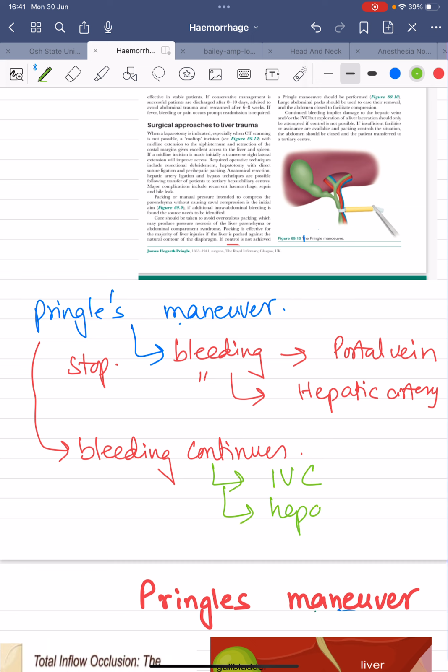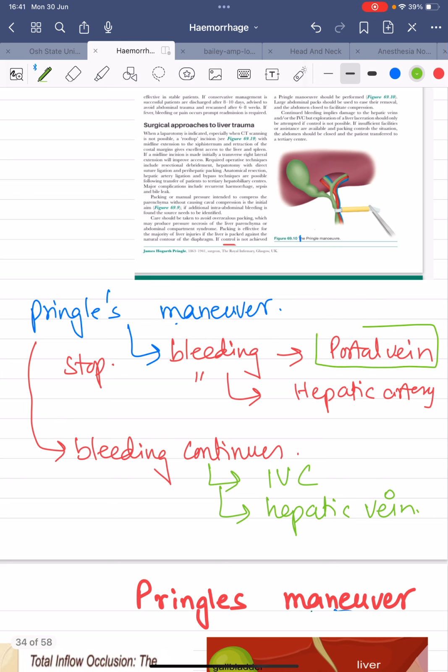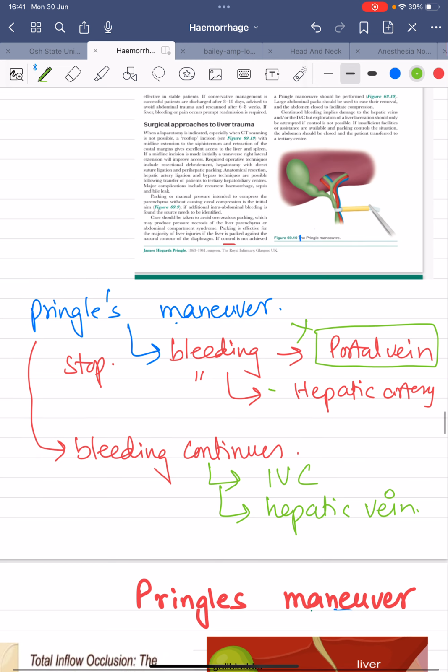So please remember, bleeding is mostly effectively controlled by the Pringle's maneuver from the portal vein. In your MCQs you must remember hepatic artery, portal vein: Pringle's maneuver will stop the bleeding. But if you perform the Pringle's maneuver and bleeding is not stopped, then you must think that bleeding is from the inferior vena cava or the hepatic veins.